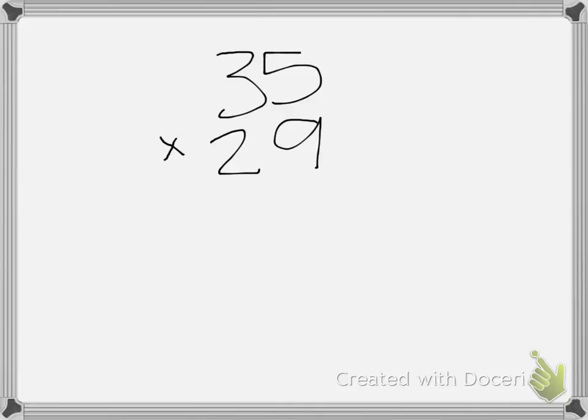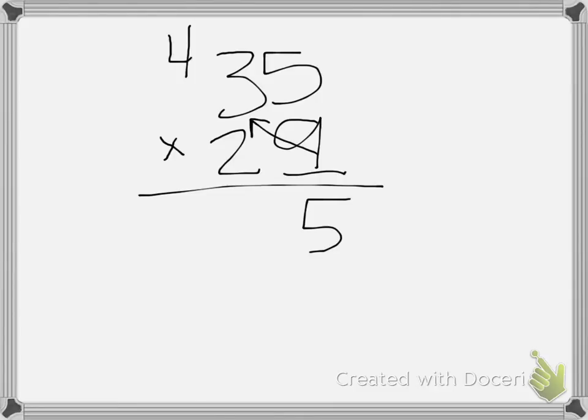We are going to try 35 times 29. There we go. Okay, let's start in the 1 spot. 9 times 5 is 45. I'll get it right this time. Drop the 5, carry the 4. 9 times 3 is 27, and then we have to add the 4. We have 31. Okay, we are done with this 9.